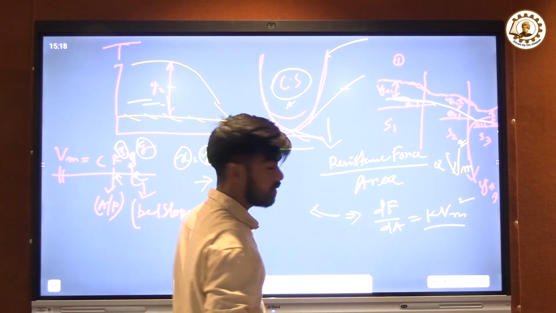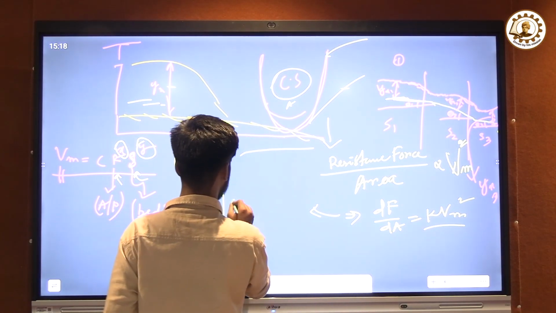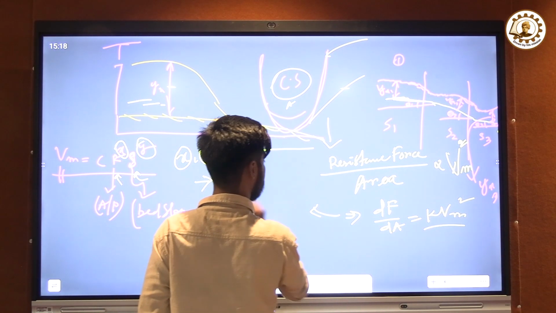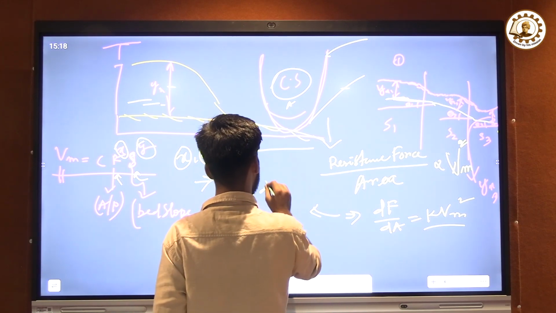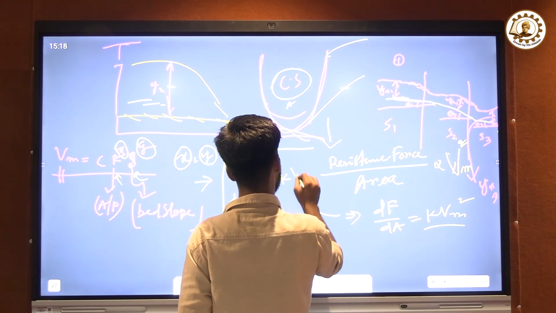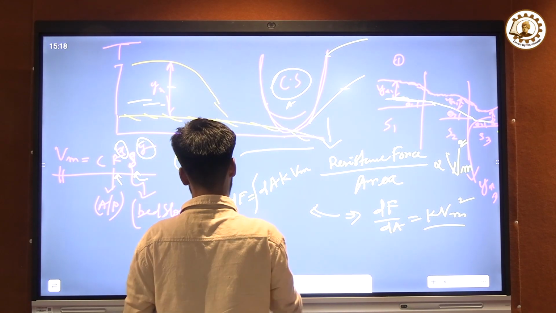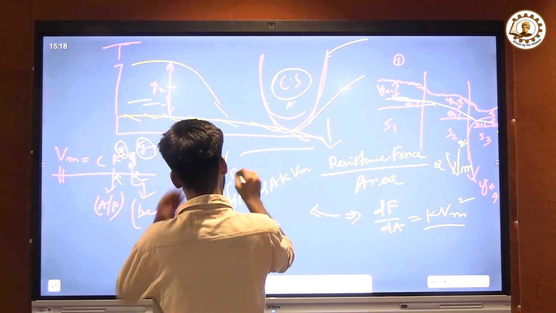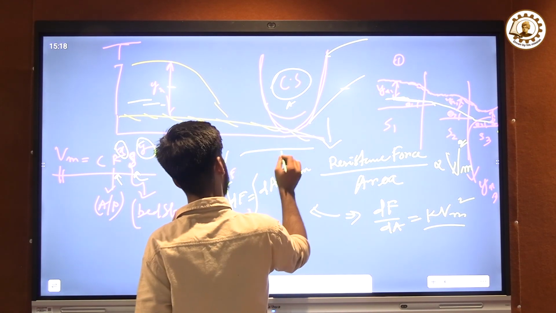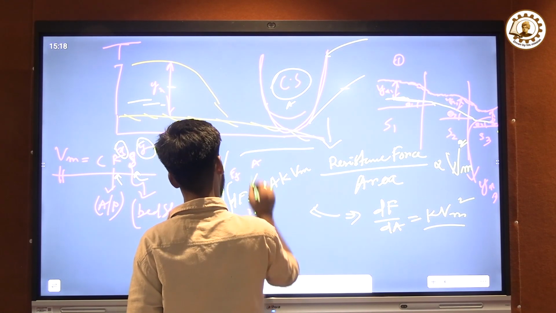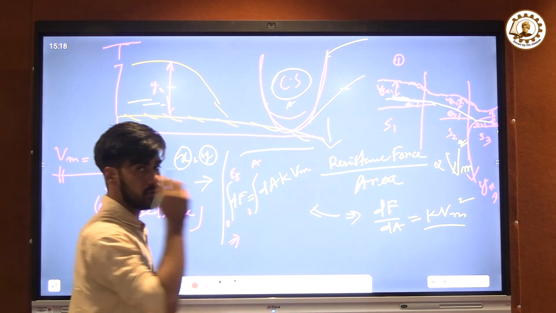Now if you further derive it, write dF equal to dA k Vm square. Now integrate that from 0 to F, 0 to A.